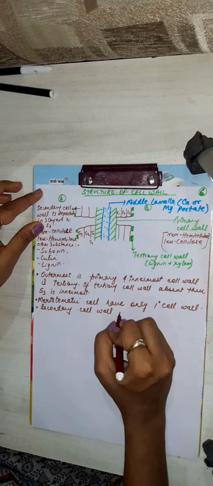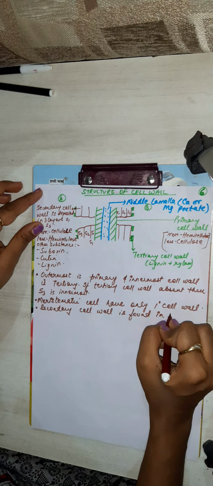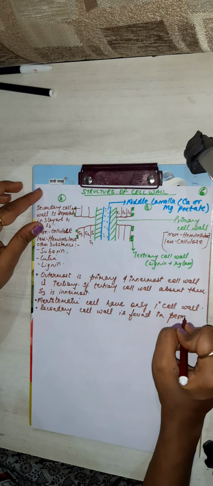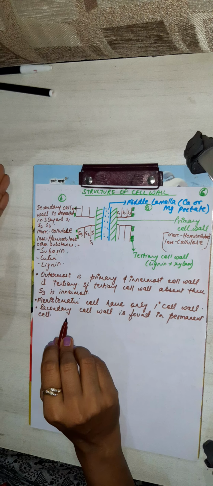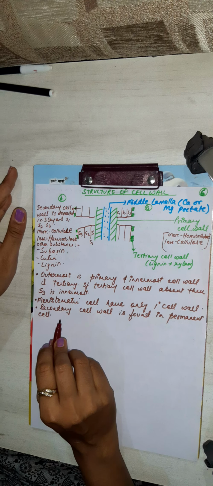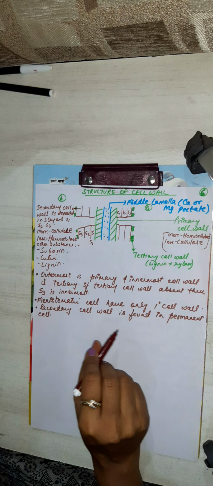Secondary cell wall is found where? In permanent cell. What are permanent cell? Meristematic cell, just I have told, apical means root apex, shoot apex, lateral हो गए, okay. And what do you mean by secondary cell wall found?